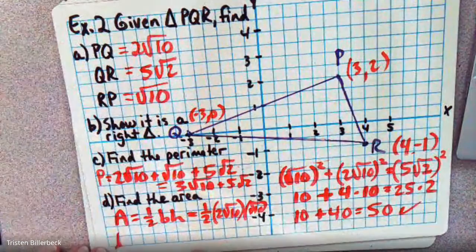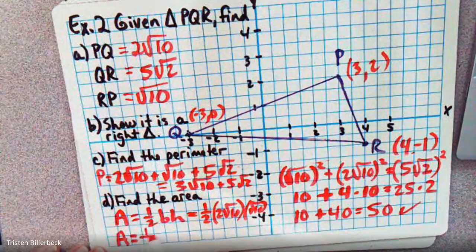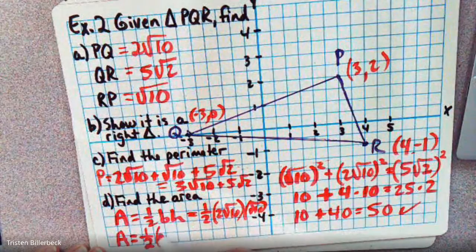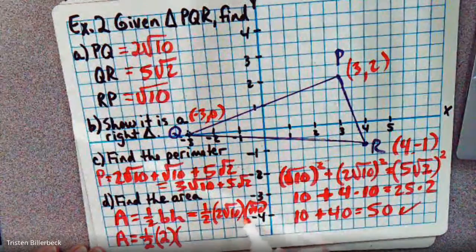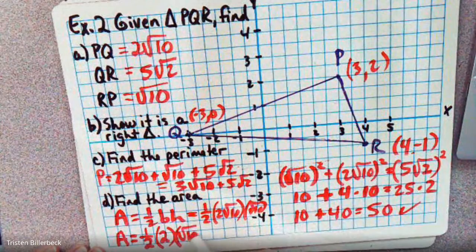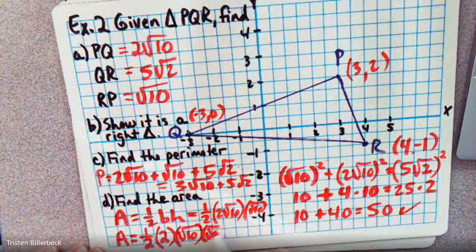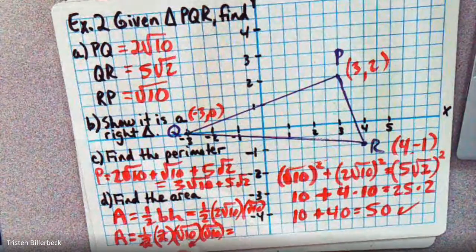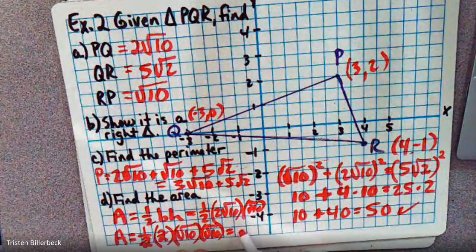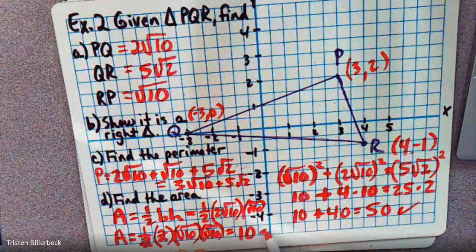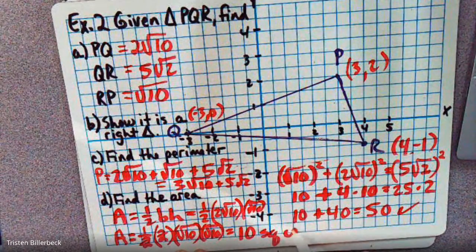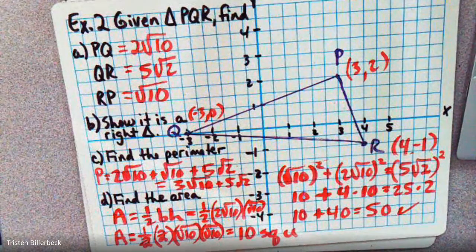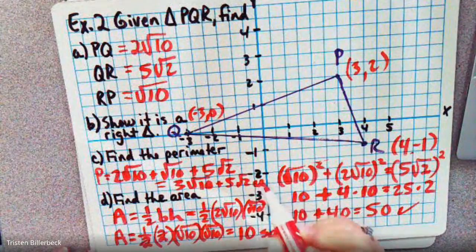So we have 1/2 times 2, which cancels, and then square root of 10 times square root of 10 is just 10. So it's 10 square units.